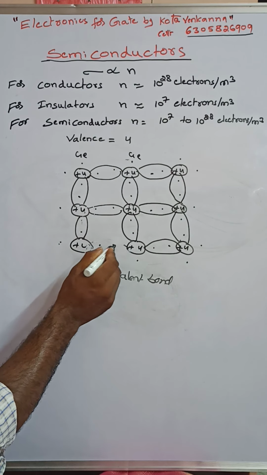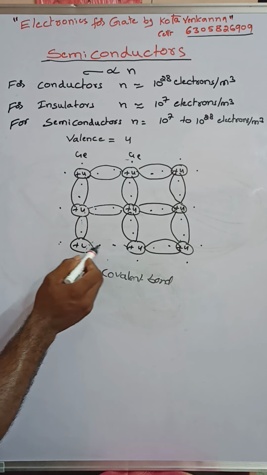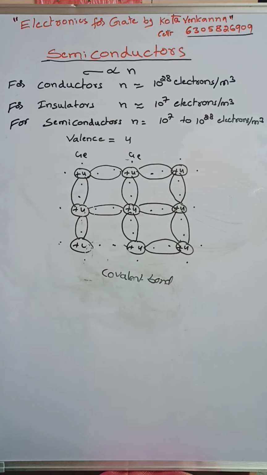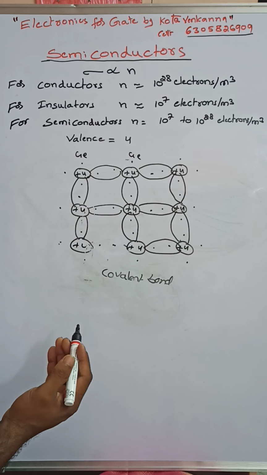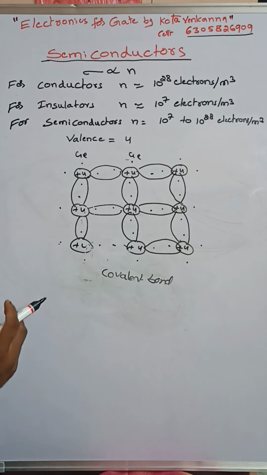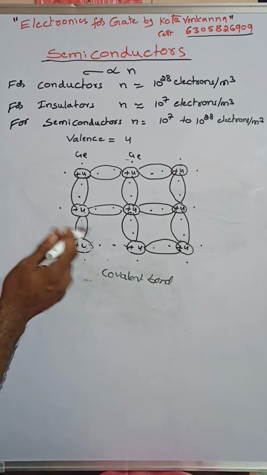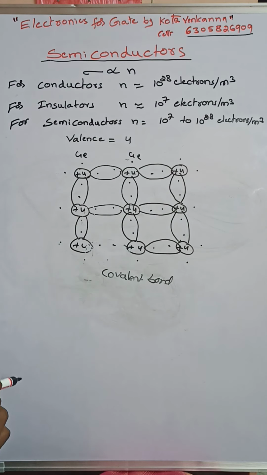If this covalent bond is broken, these two are available as free electrons. So when the temperature increases, some covalent bonds are broken due to thermal energy, the availability of free electrons increases, and then conductivity increases. That's why at room temperature, a semiconductor acts as a conductor.